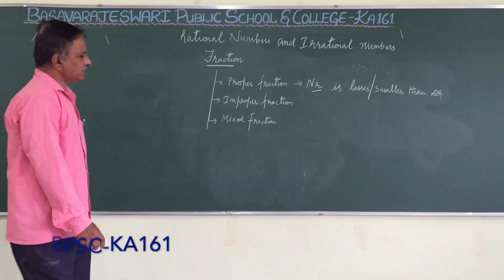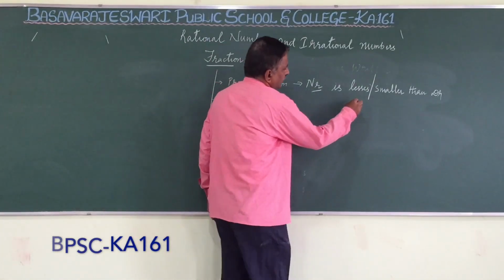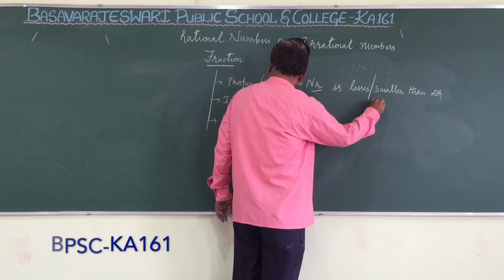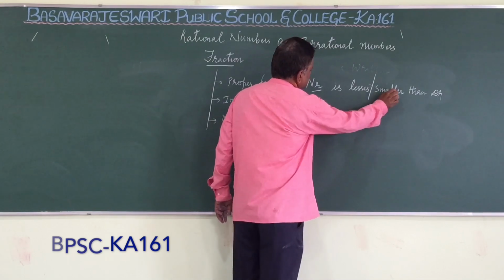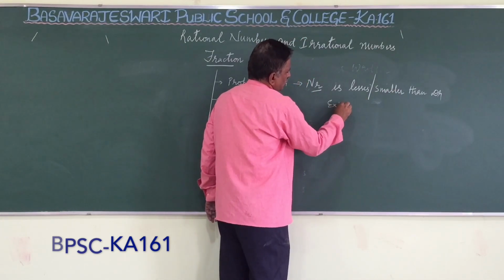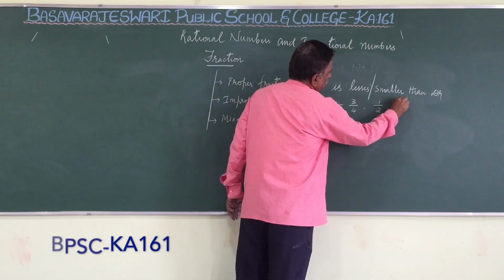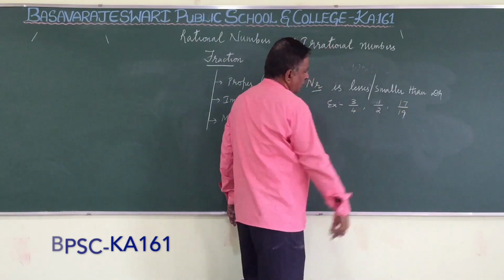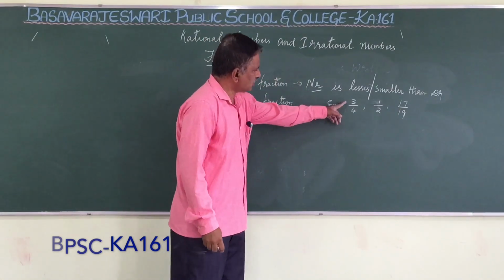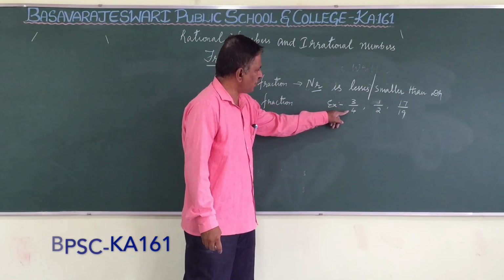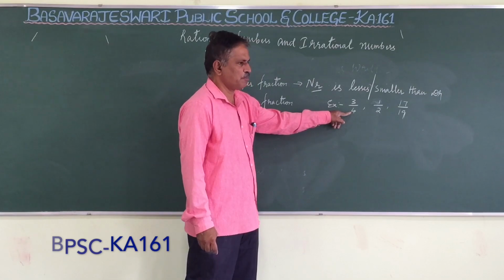Example for this: 3 by 4, 1 by 2, 17 by 19, etc. See here, this is the numerator and this is the denominator. Numerator is lesser than the denominator.